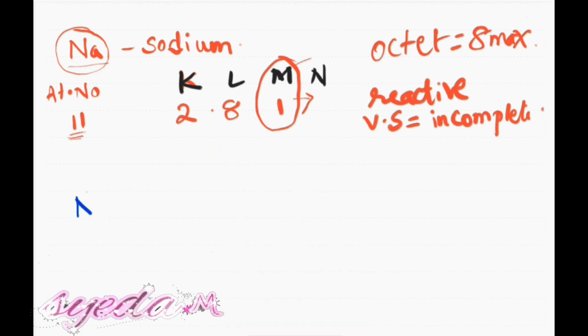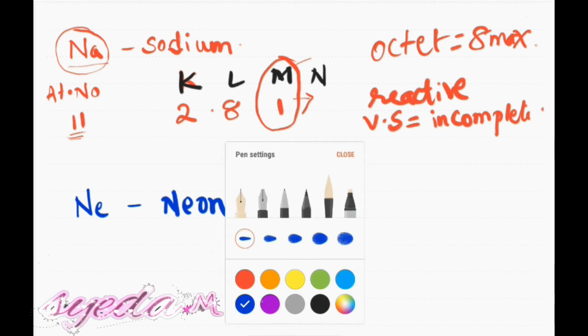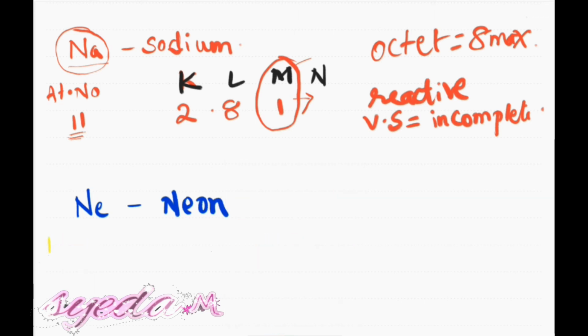Let us take one more. So, this is Ne, this is neon. The name of the element is neon. Neon has an atomic number of 10.